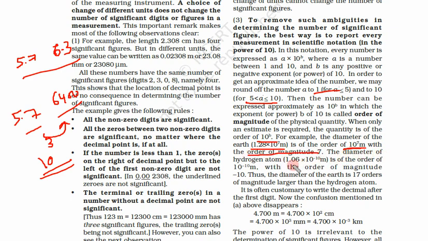The diameter of hydrogen atom is 1.06 into 10 to power minus 10 meter. Now this is of order 10 to power minus 10 meter, or we can write the order of magnitude is minus 10. So thus the diameter of earth is 17 orders of magnitude larger than a hydrogen atom.